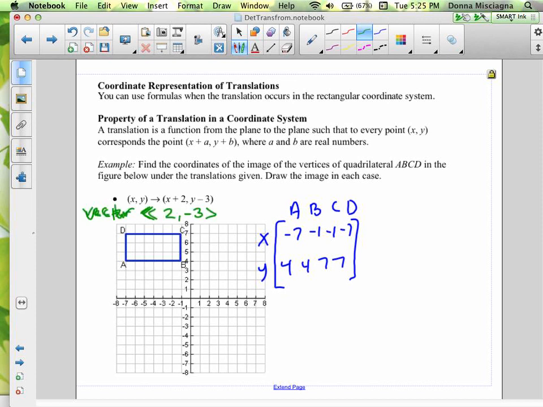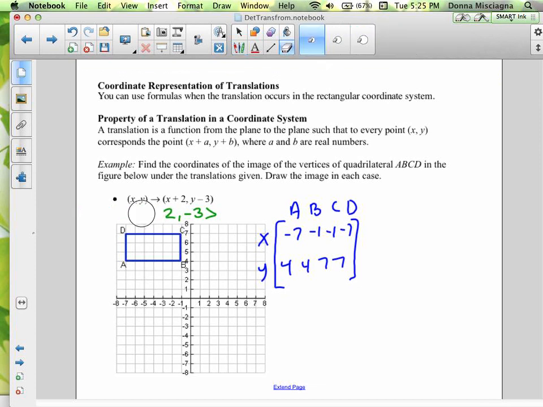Let me erase this and I'll write it nicer. All right, so that's how we would write it as a vector.